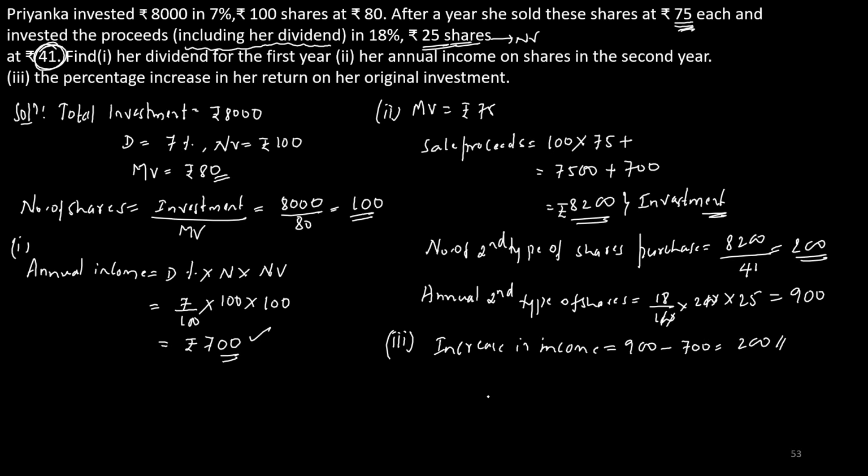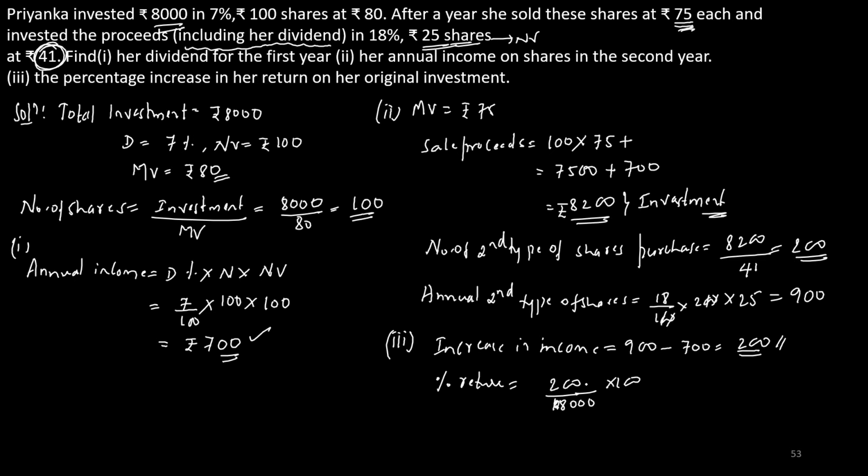Clear? So now, percentage of increase in her return. Percentage of return is equal to whatever increase in income, that is 200 rupees, and her investment is 8,000 rupees, into 100.